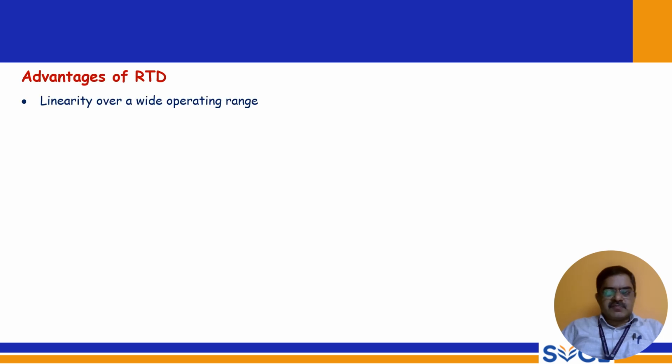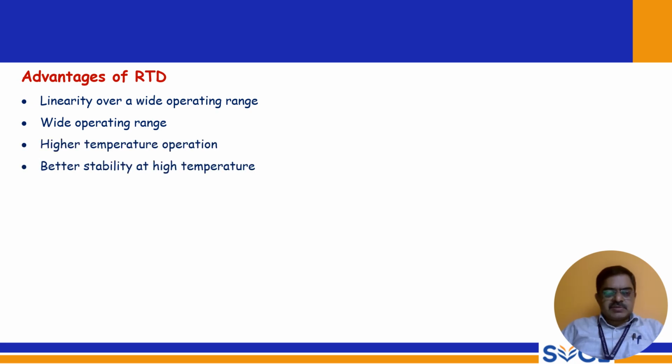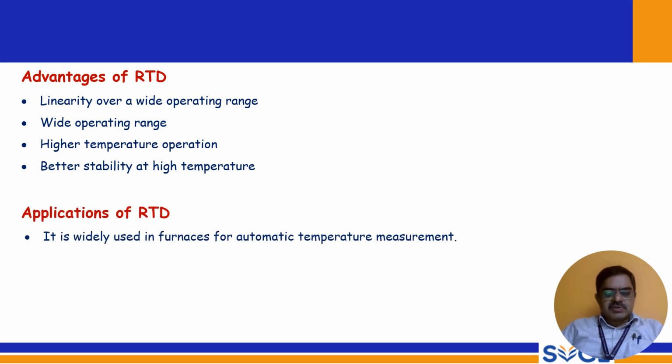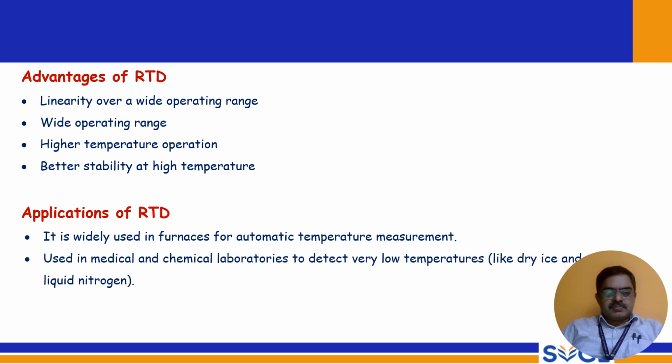So advantages of RTD: linearity over a wide operating range, higher temperature operation, and better stability at high temperature. Applications: it is widely used in furnaces for automatic temperature measurement, and used in medical and chemical laboratories to detect very low temperatures like dry ice and liquid nitrogen.